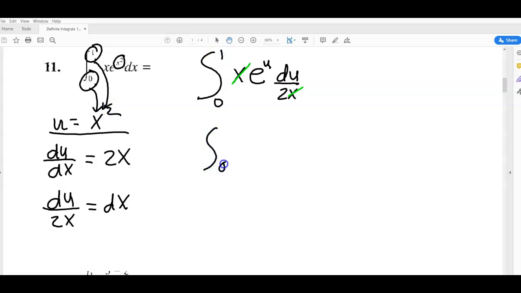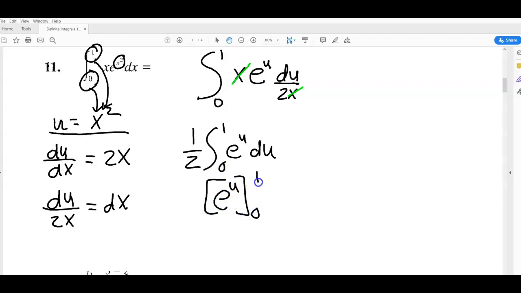So now here's what I have. I'm going to go ahead and rewrite it a little bit nicer. And that 2 on the bottom I'm going to bring to the front as a fraction. And then from here we go ahead and actually do the integration. So the integral of e to the u is e to the u. Next we're going to plug in the numbers and subtract them, right?